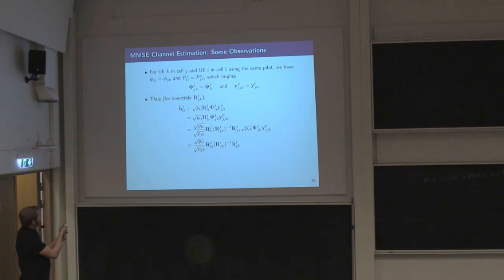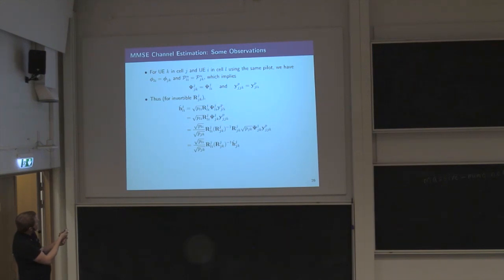Then one can say, okay, but the estimate of the channel from base station J to user I in cell L had this expression. Now I know that this psi matrix is the same for the two users, so I can switch the indices. The received pilot matrix when I multiply with the pilot sequence is also the same, so I can switch here.